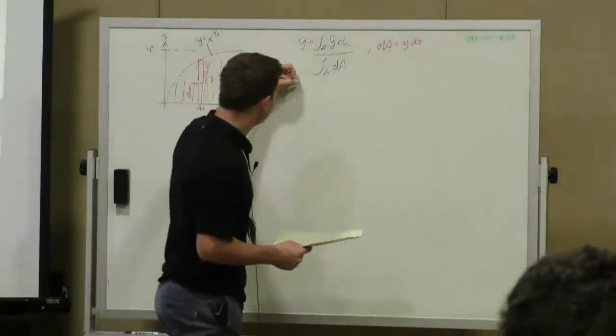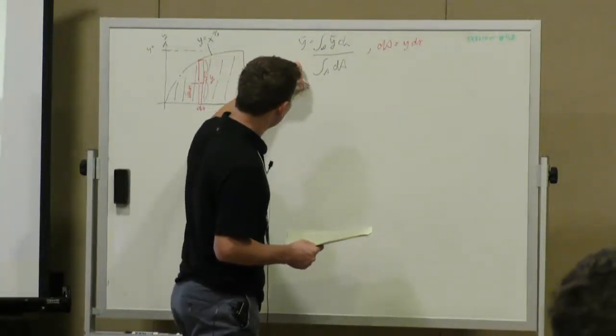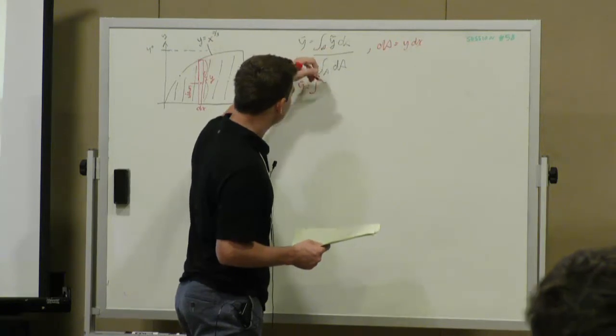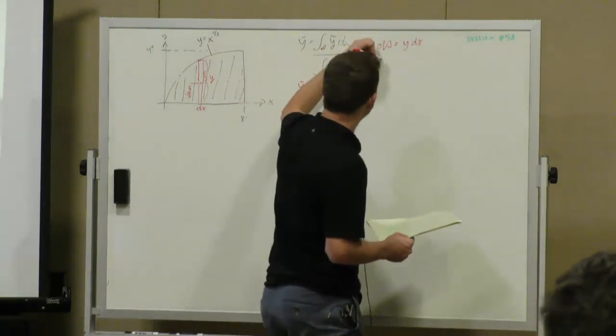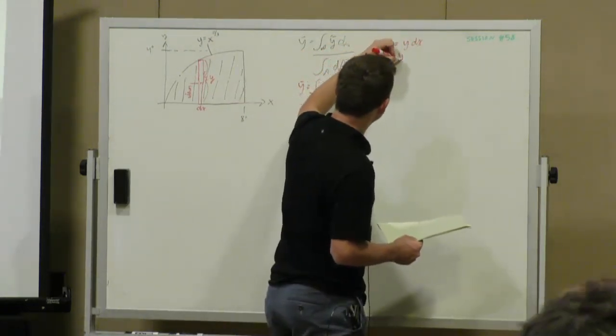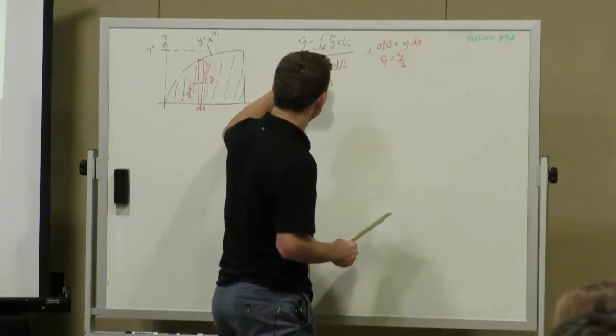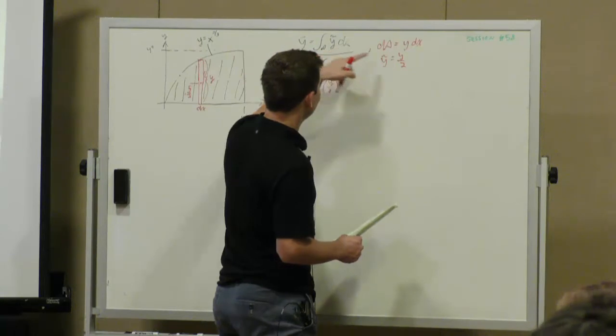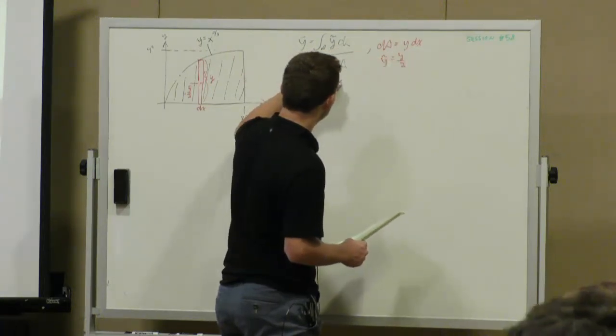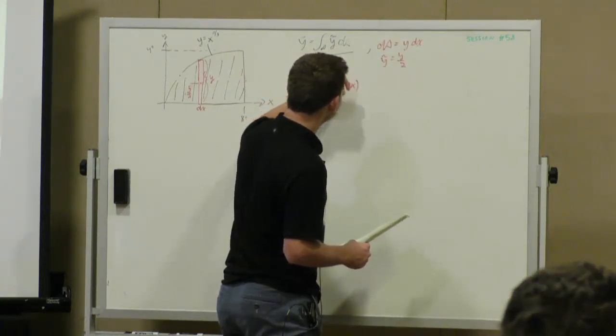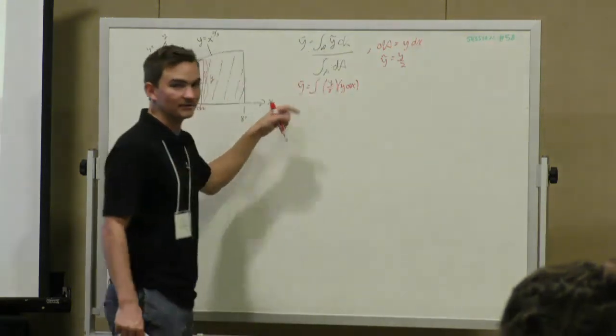So now we can plug this into our equation. So y bar is y tilde, so I'll write it over here, is y over 2. So we could substitute that in. We could substitute our differential area, which is y dx. And what are our new bounds?